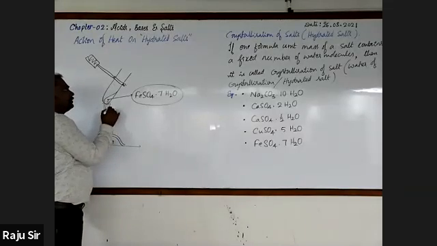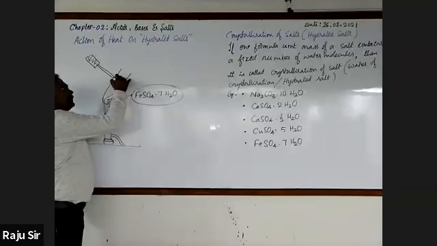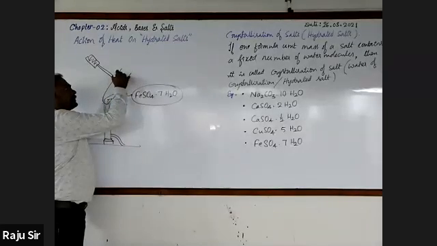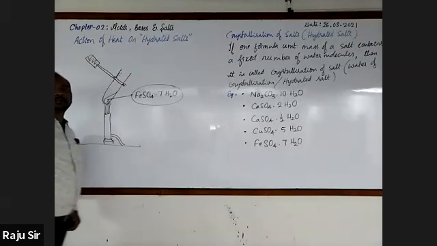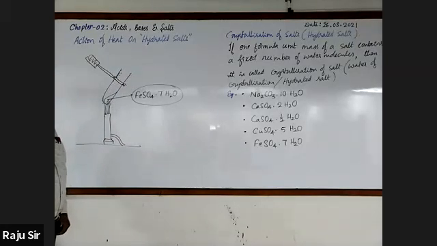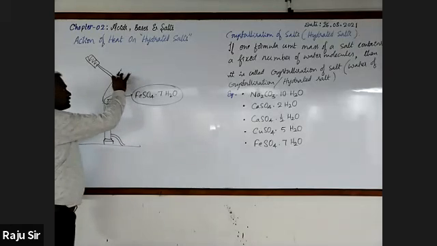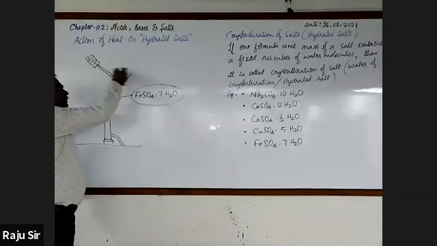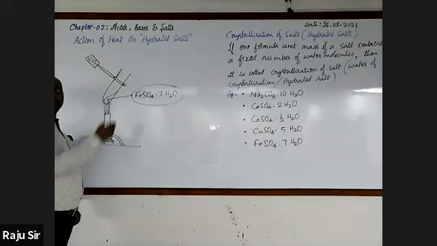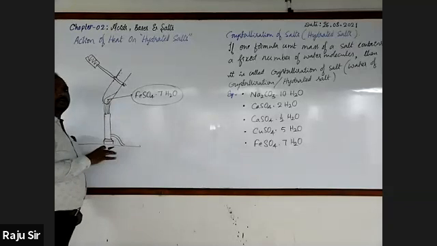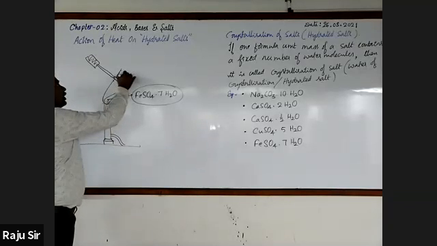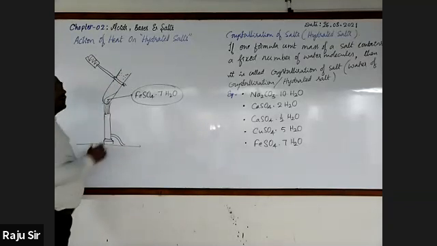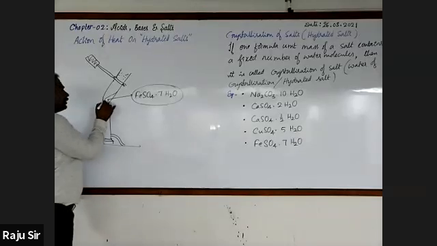On heating, you'll notice that water droplets will start collecting near the mouth of the test tube. Actually, it should be tilted a bit more, otherwise these water droplets may come back. That's why it should be tilted a bit more.